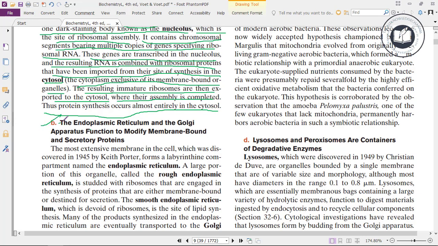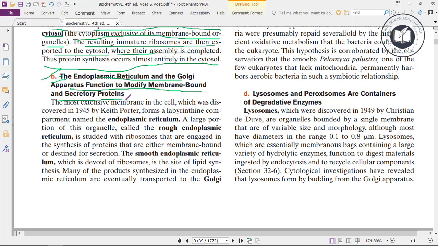Next, we will be seeing about the endoplasmic reticulum and the Golgi apparatus, which function to modify membrane bound and secretory proteins. The most extensive membranes in the cell, which were discovered in 1945 by Keith Porter, form a labyrinthine compartment named the endoplasmic reticulum.